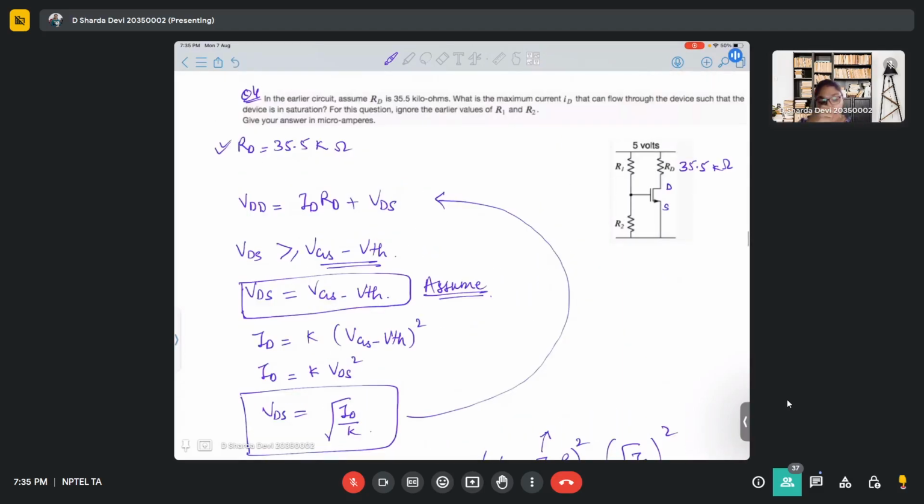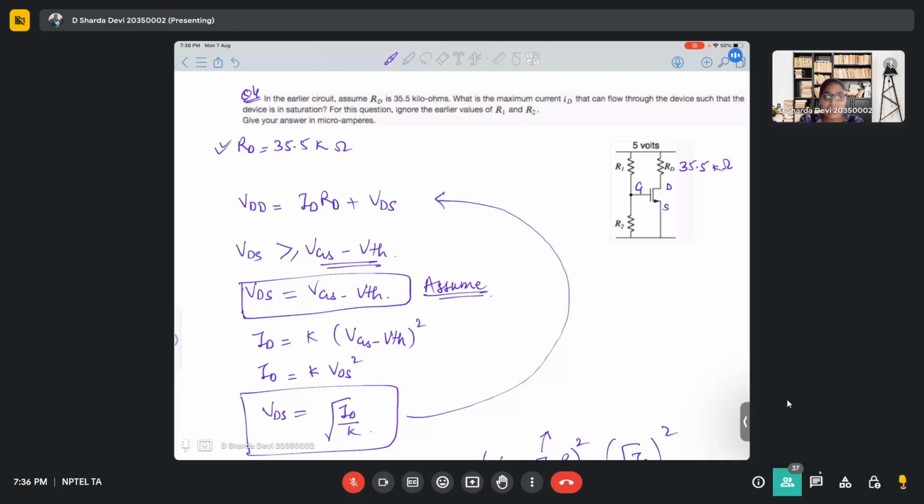But the point is, how would you know VGS? Is there any way you can get your VGS? Because you don't know R1 and R2. Nothing is given. You only know RD. KVL? But what will you get out of KVL?